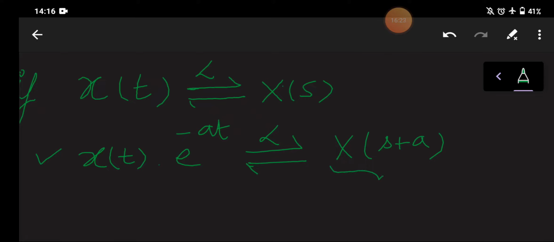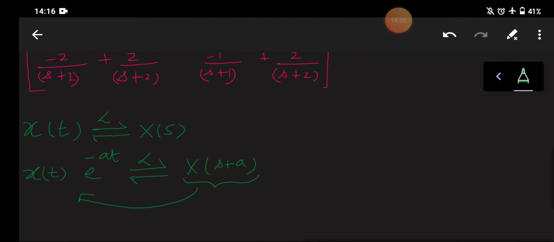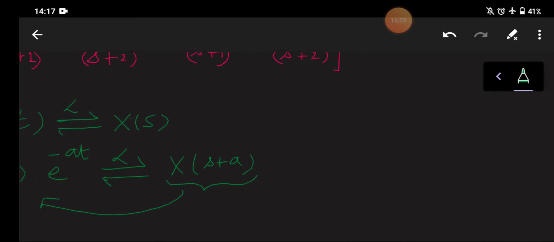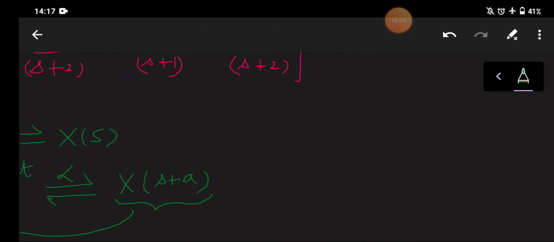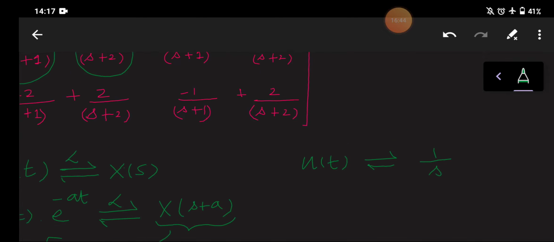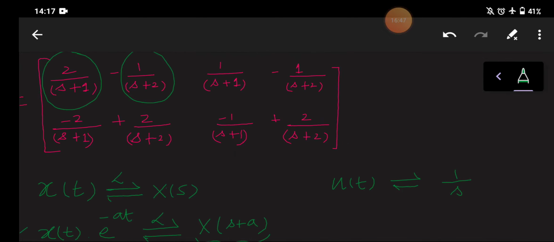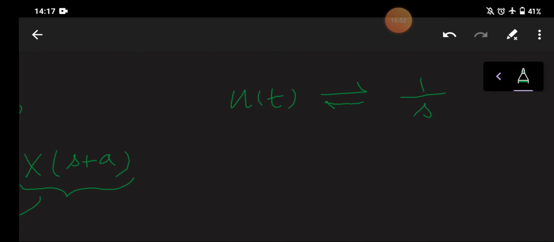Here we have this kind of form and we will return back to this type of solution. Okay, so as you can see we have u(t). For u(t) the Laplace transform is 1 by s. So if we have a term 1 by s, then we will write it as u(t) in the time domain. But we have 1 by s plus a, terms in this format.